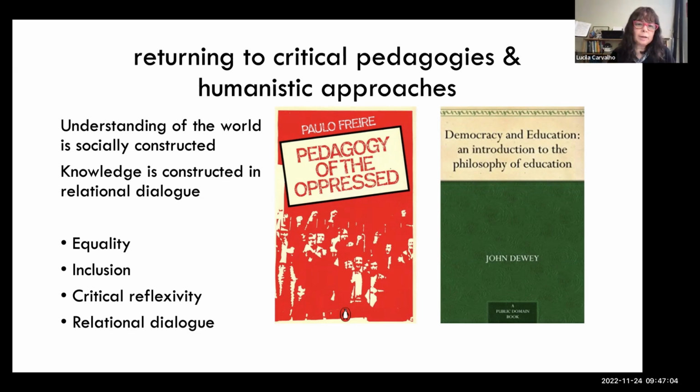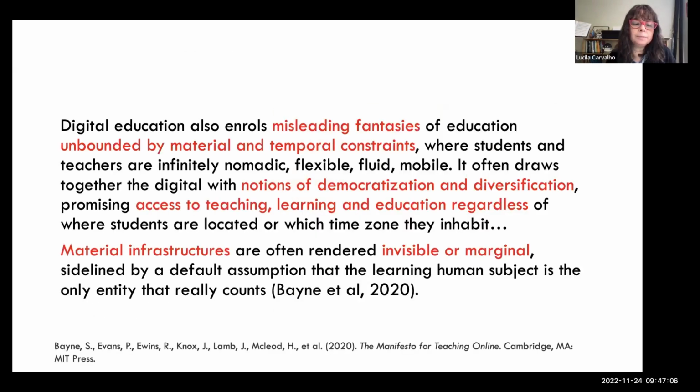So Jen Ross, a scholar from the University of Edinburgh, wrote this book called the Manifesto for Teaching Online, which is mainly connected to teaching in higher education, but I think there's quite a lot of crossover in terms of teaching in general, right?